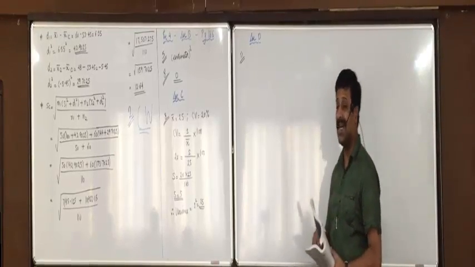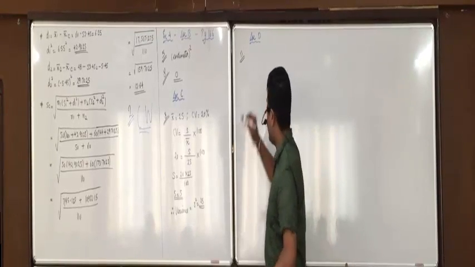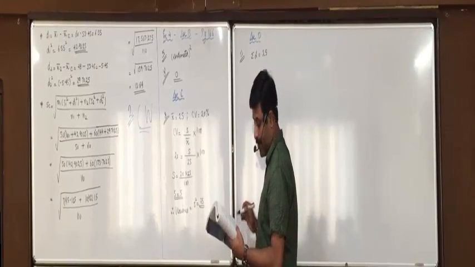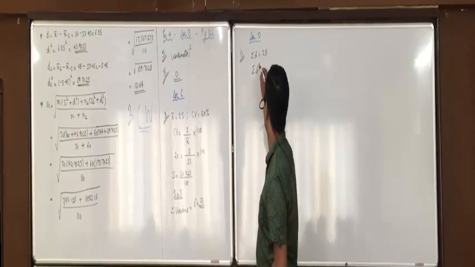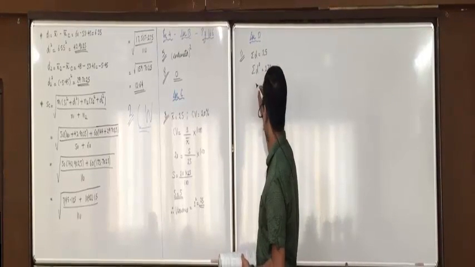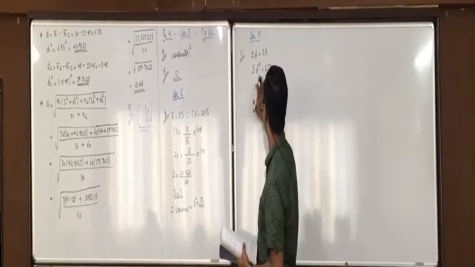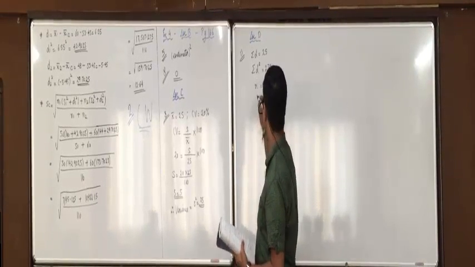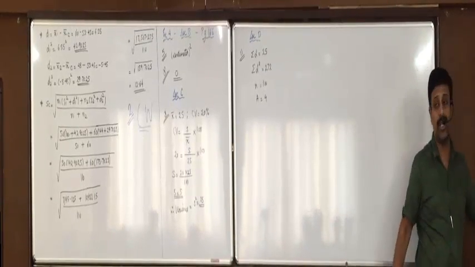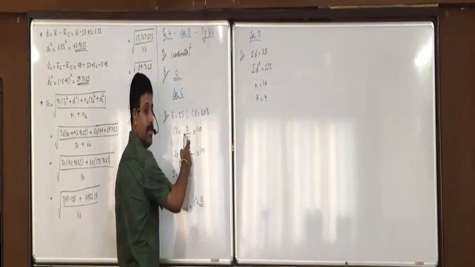Yes, now look at section D, question 11. I will just discuss it and you will do it on your own. Put your pens down. In usual notations, sigma D is equal to 25, sigma D square is equal to 272, and N is equal to 100. Further they say assumed mean, A, is equal to 4. Find the coefficient of variation. For coefficient of variation, first you need S and X bar.